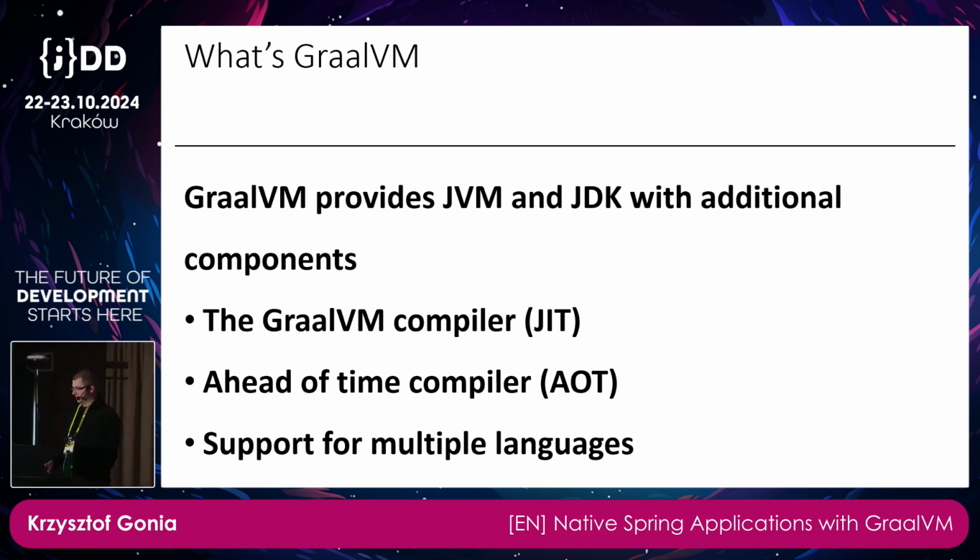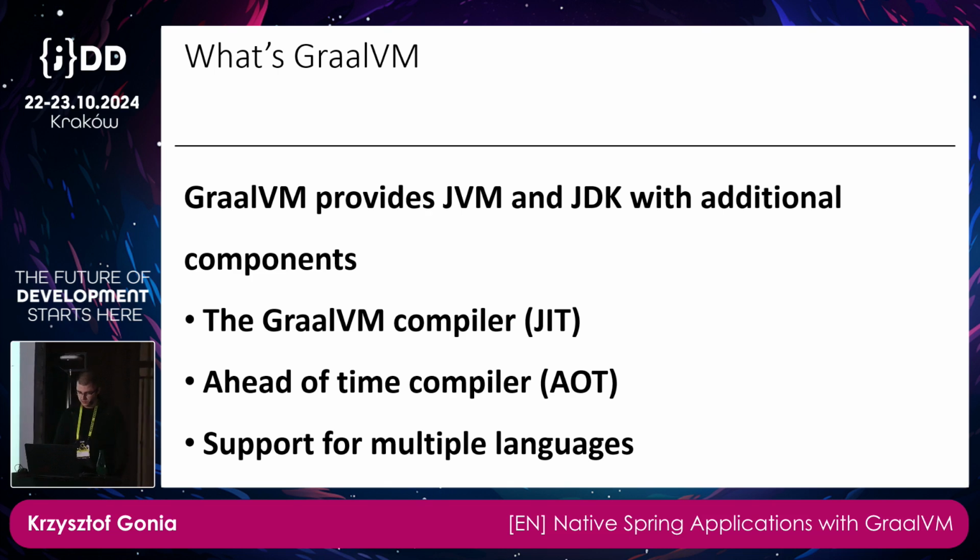GraalVM is basically a JDK with some additional components. GraalVM provides its own JIT compiler, just-in-time compiler. It supports multiple languages. So with Graal, you can run Java and Python together in one program.